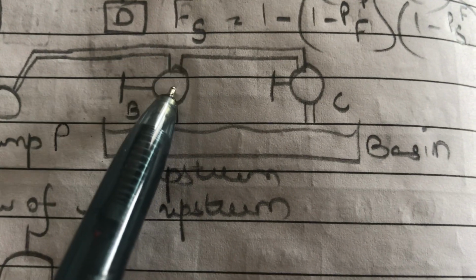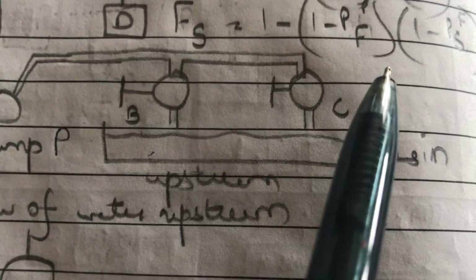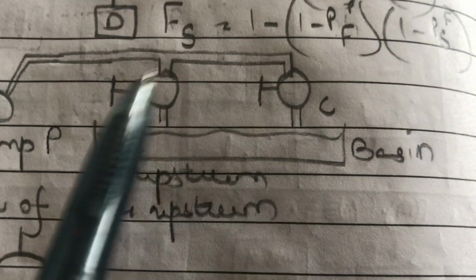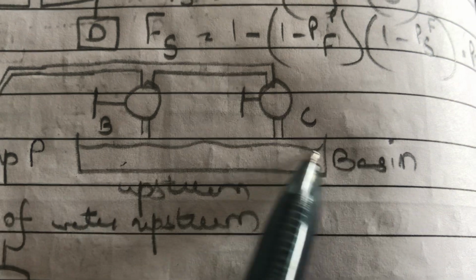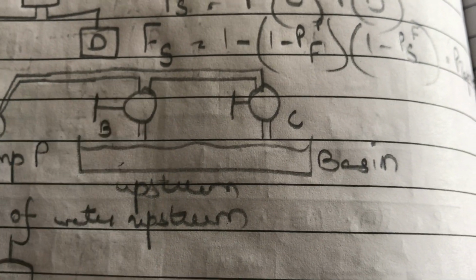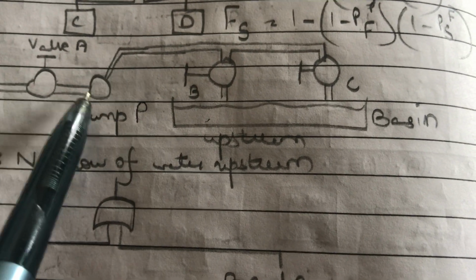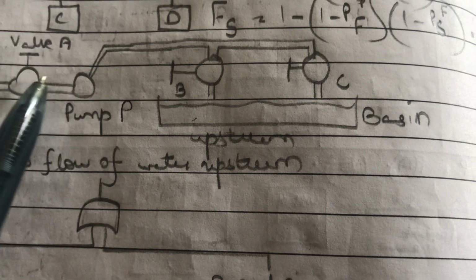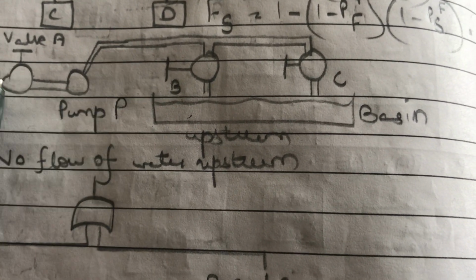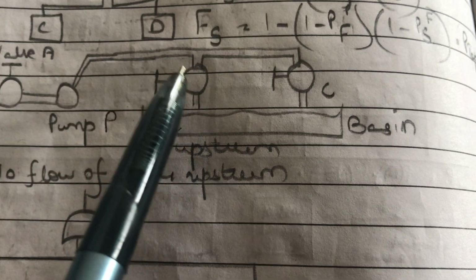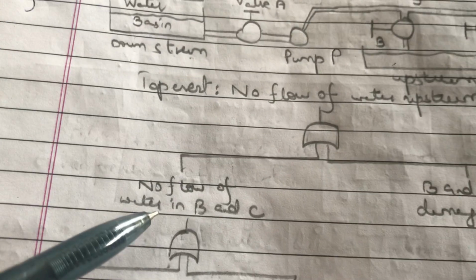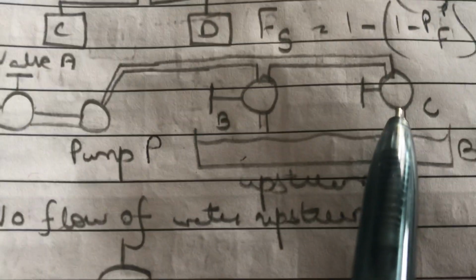So the possibility can be either that B and C are damaged, either they both are damaged so that no water is flowing here, or the other possibility is that no water is coming from the previous parts. The pump P and valve A are not providing any water to B and C. So what would be the two possibilities? No flow of water in B and C. How can there be no flow of water in B and C?